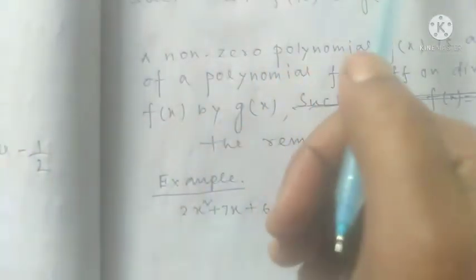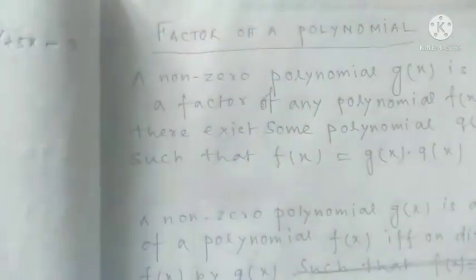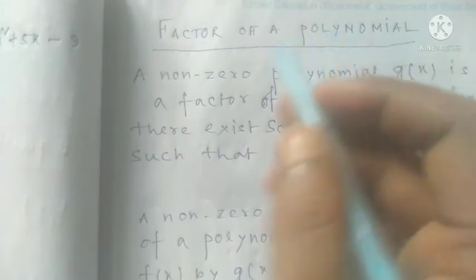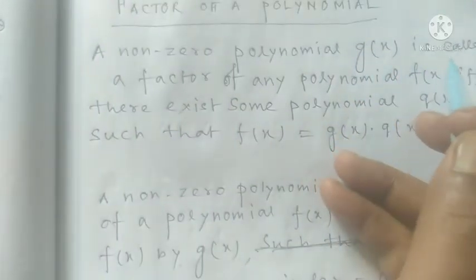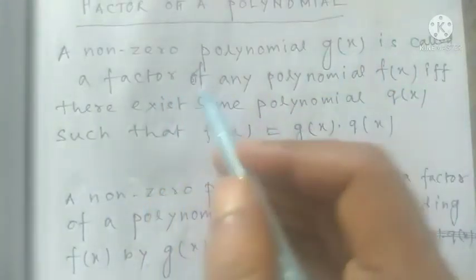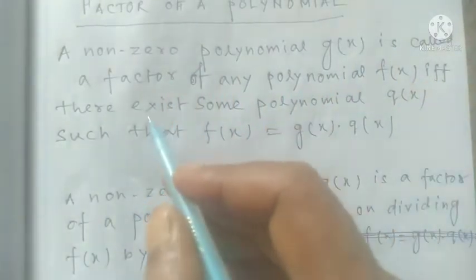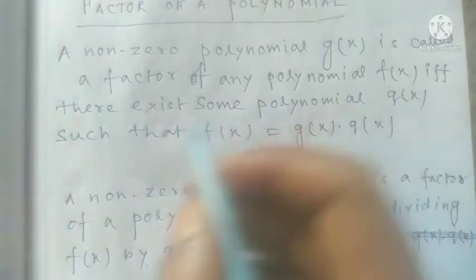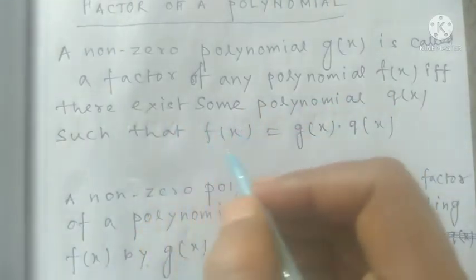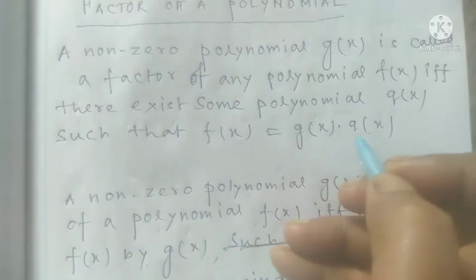And next, this is the factor of a polynomial. You have to understand this topic. A non-zero polynomial g of x is called a factor of any polynomial f of x if there exists some polynomial q of x such that f of x equals g of x into q of x.